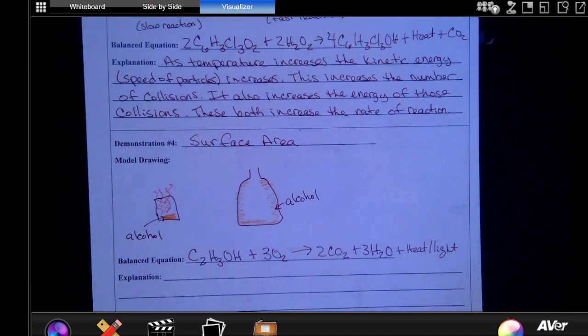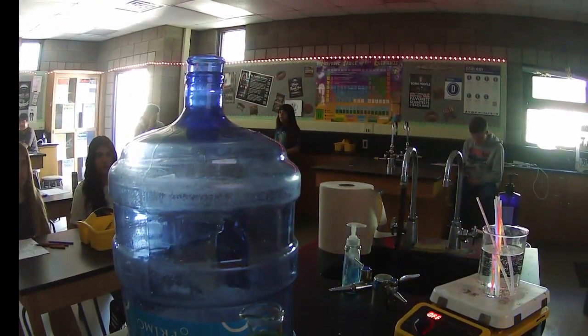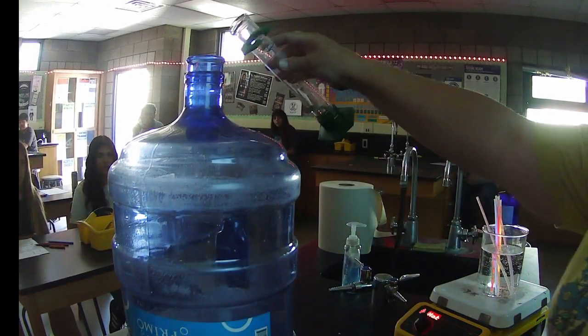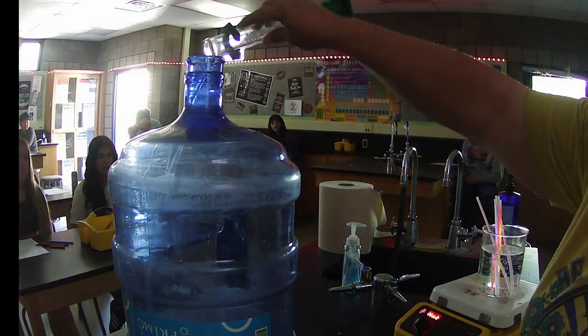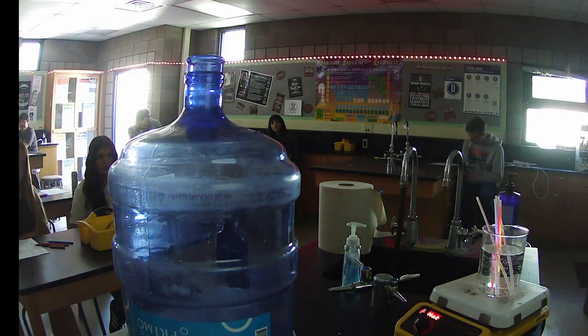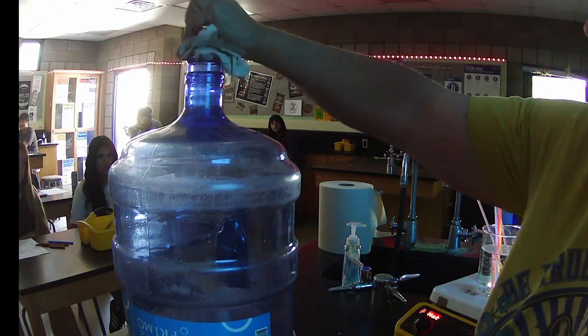So let's take a look. So now what we're going to do is take a little bit of alcohol. I'm going to pour it in there. What's in there is just rock salt, okay, guys? It's just so that the alcohol will absorb into the rock salt a little bit.